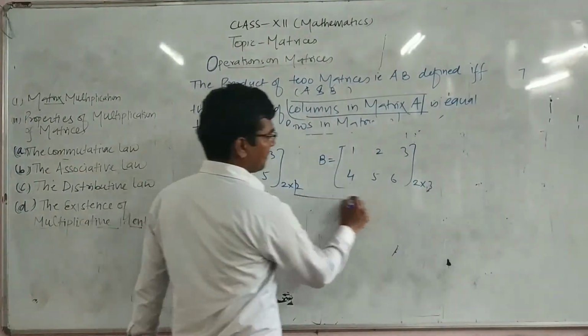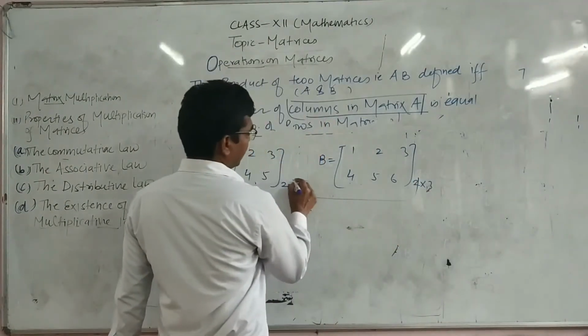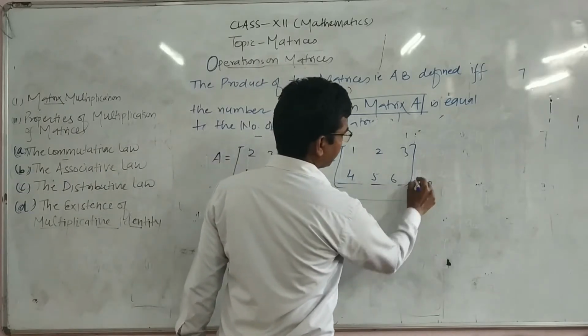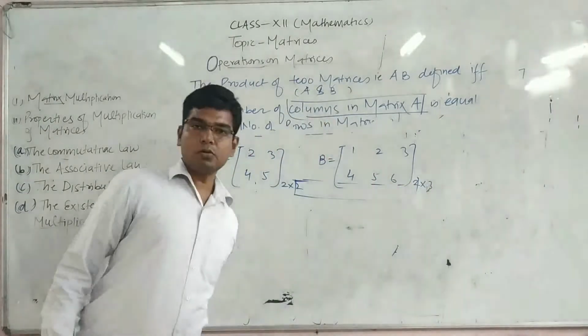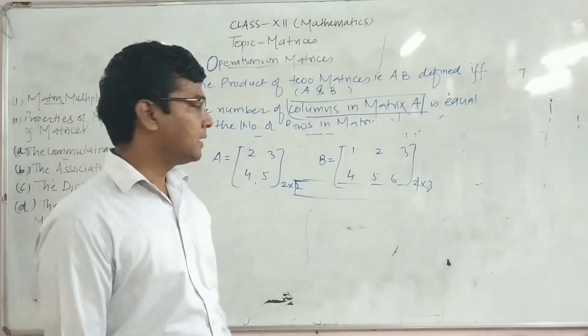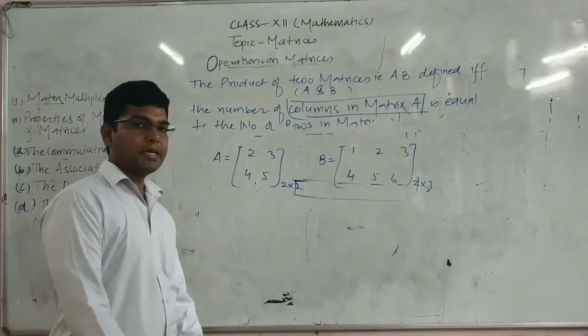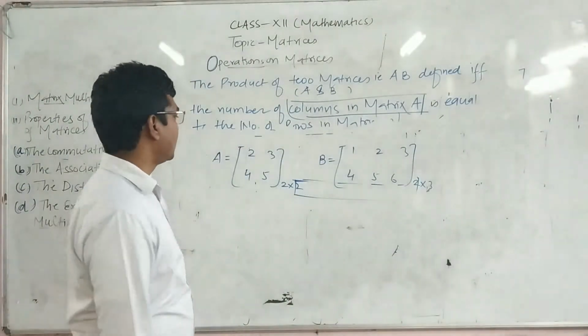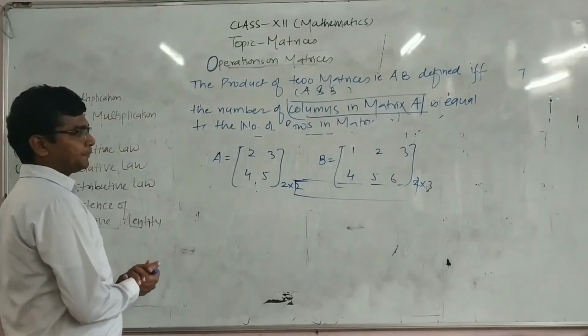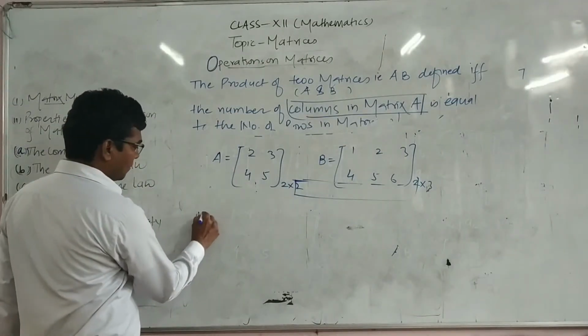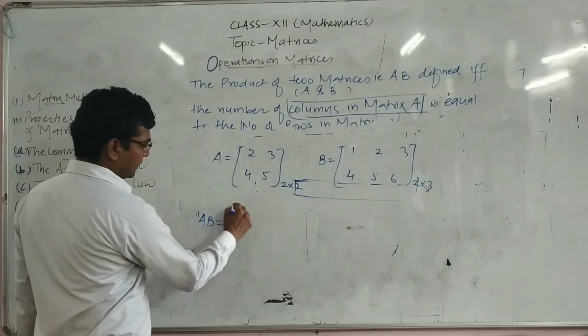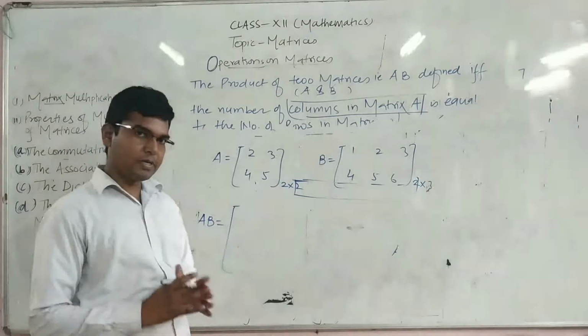So this is the same. It means this is feasible. Multiplication is conformable. So multiply it. How can we multiply? Again, the process will remain the same.